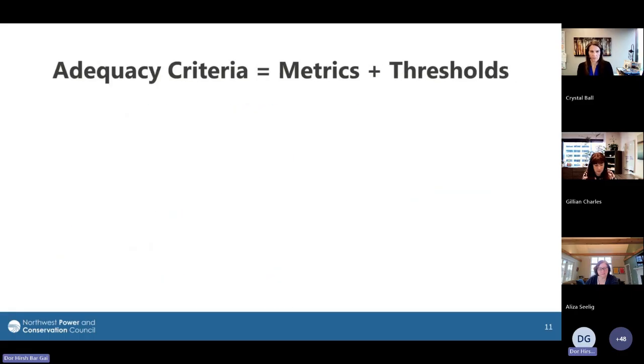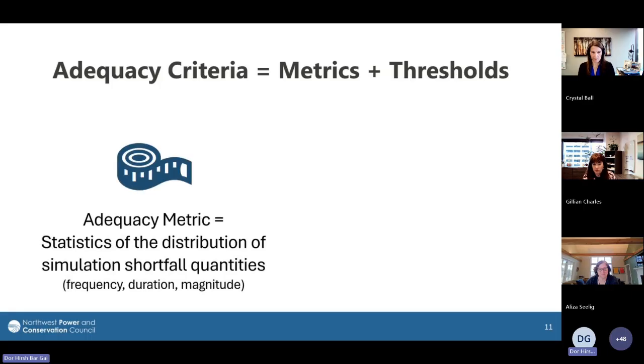Now we get to dig into the metrics, and after this section, I think we'll have a break, but we can go with the flow. I already used some of these words, but an adequacy criteria is made up of 2 components. It's the metrics and the thresholds. We could view the metric as a measurement or a statistic of the distribution of simulation shortfall quantities. I know it's a mouthful.